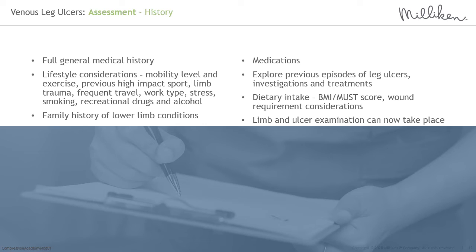Dietary considerations to include obesity or emaciation, and significantly a dramatic increase or loss of body mass over a short period of time. Wound history, episode of that wound, duration of that wound, location and any current treatments or dressing regimes should be captured. The limb and wound can now be examined.